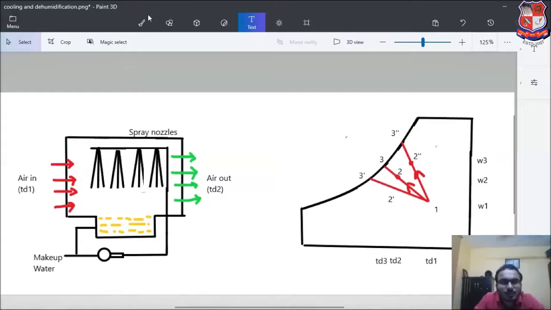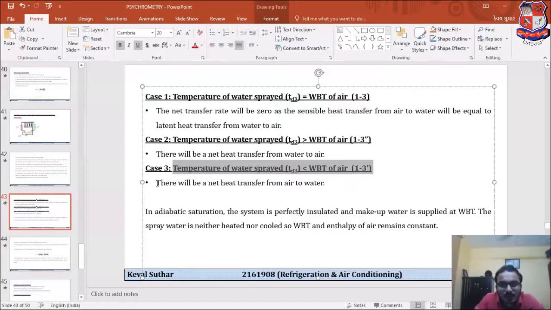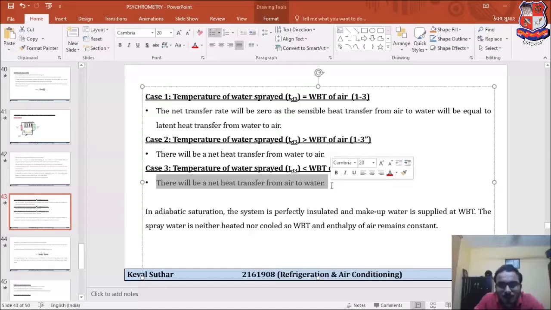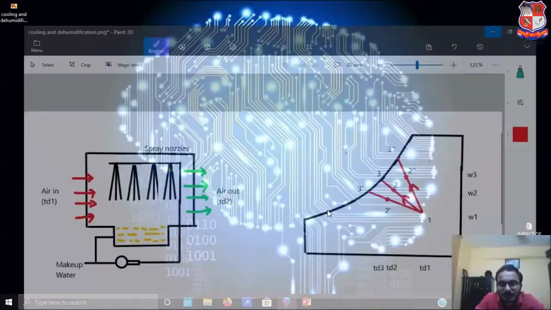Okay, so let us say that this is at this point. So what will happen in this case is that there will be a net transfer of heat from air to water, as the water spray is at a lower temperature than the wet bulb temperature of air. So we have seen all 3 cases here, and now we can copy this figure.